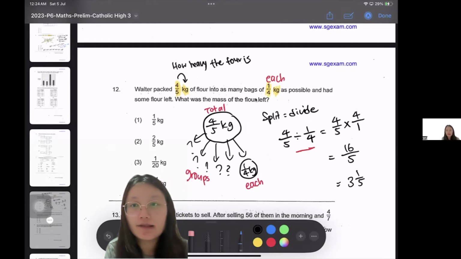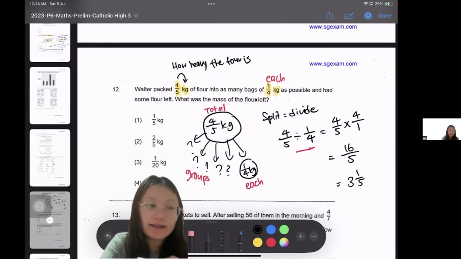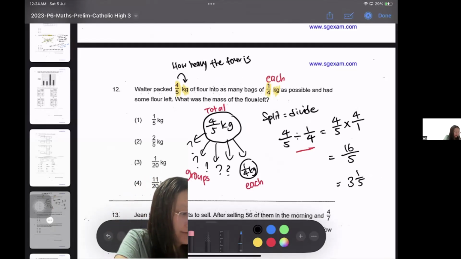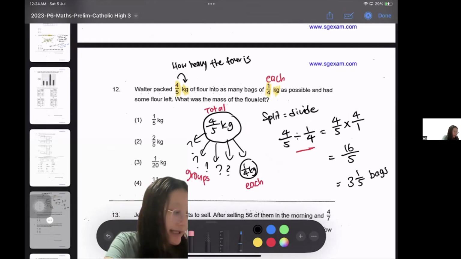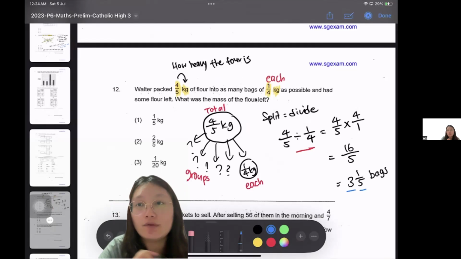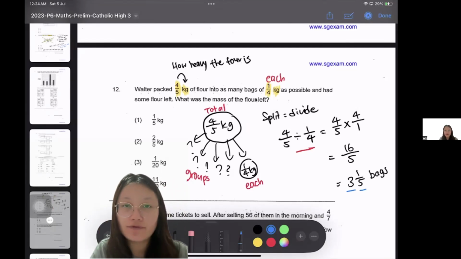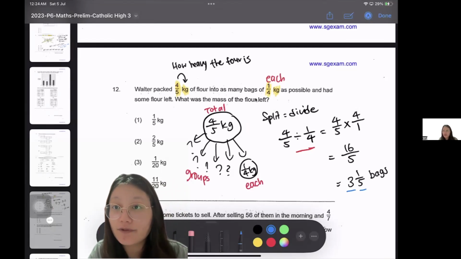As you can see, it is 3 1/5 bags of flour. So basically, you can pack it into 3 full bags, but you will be left with 1/5 bag. This is 1/5 bag.